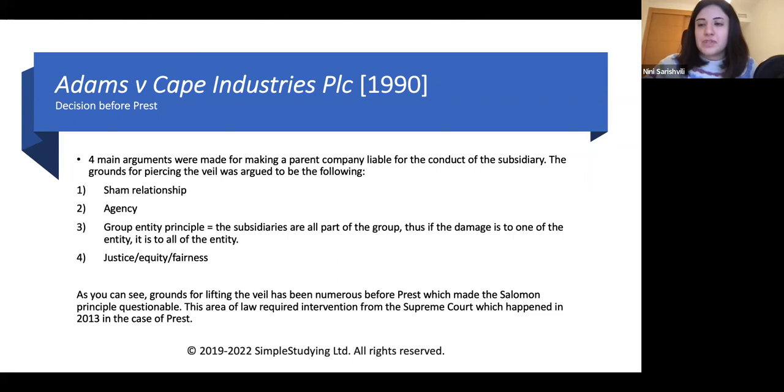And it could be argued that this case rendered questionable the whole idea of separate corporate personality as explained in the case of Salomon, because it recognized grounds such as agency, group entity principle, that if one subsidiary is liable for something, all the subsidiaries will be, or justice, equity, or fairness, as grounds for piercing the corporate veil. So this widened the scope of piercing the corporate veil. Therefore, the intervention from the Supreme Court with the case of Prest versus Petrodel was very much needed.